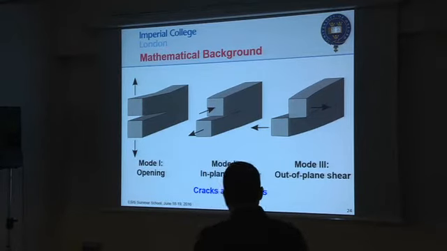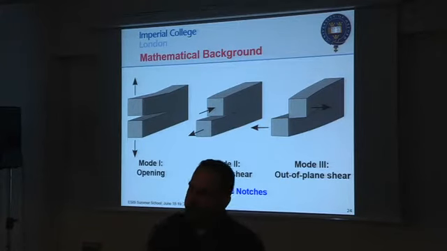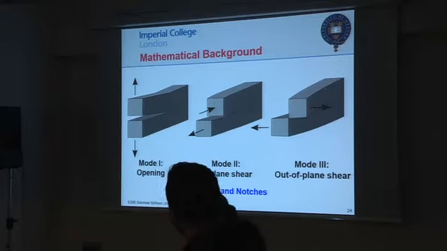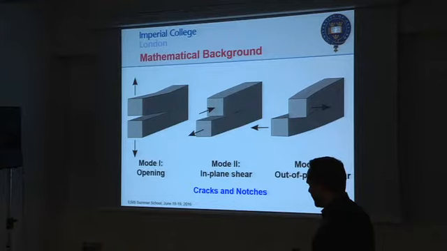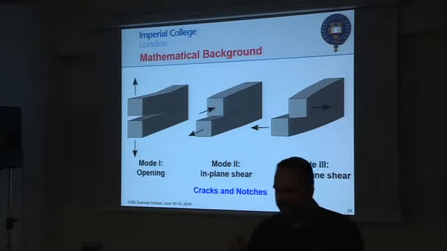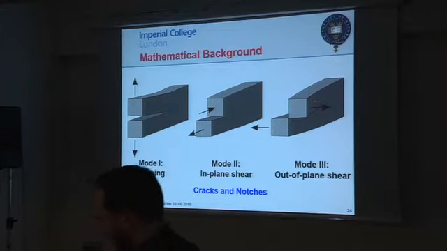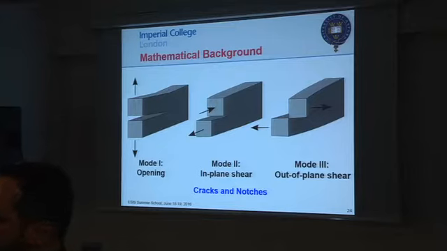Mode 2 is when you load the sample parallel to the direction of the crack, in plane. And mode 3 is when you're loading the crack to open it in the third dimension, so you're trying to open the crack in a way which is orthogonal to the crack line. Yeah.